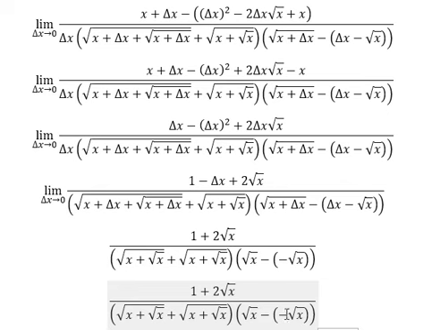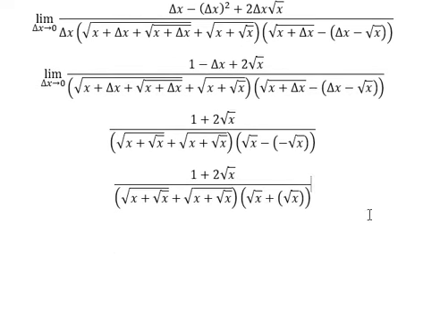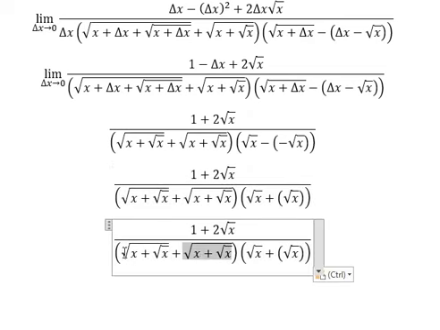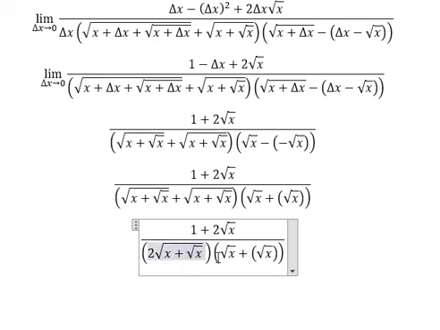So negative with negative, you get positive. So this one plus this one, you get 2. Similar for this one.